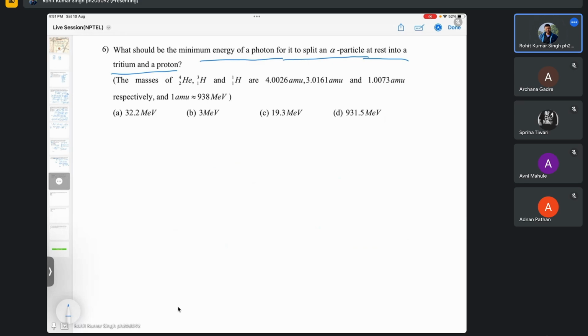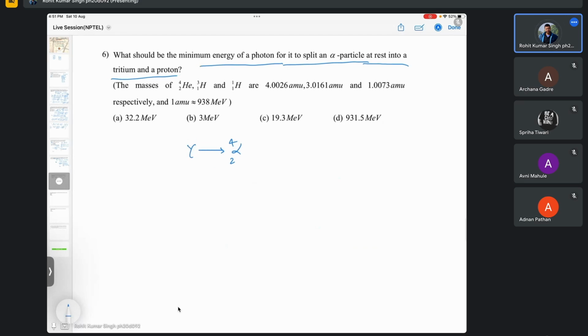So basically you have an alpha particle and you bombard it with a photon, gamma, and this splits it into tritium, which is 1,3, and a proton.